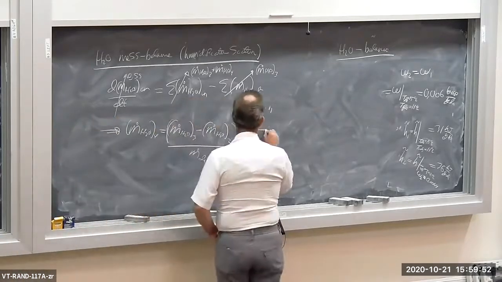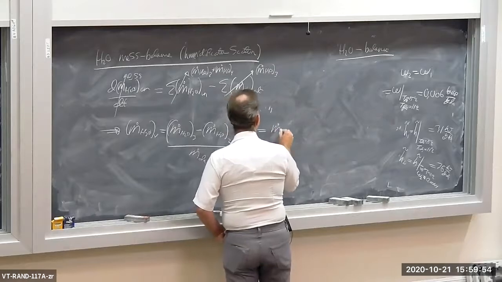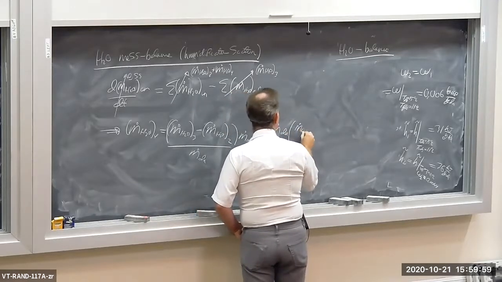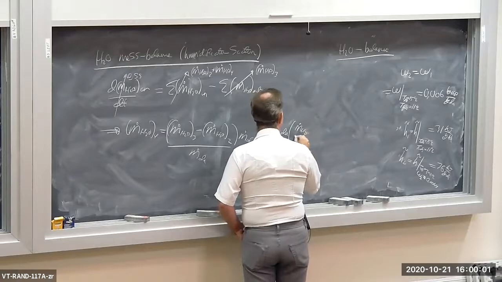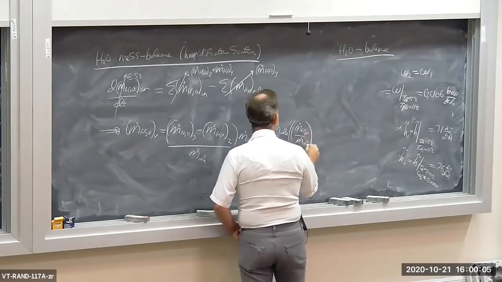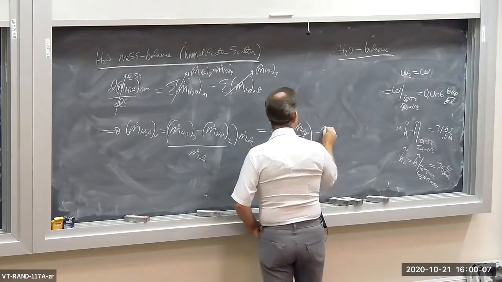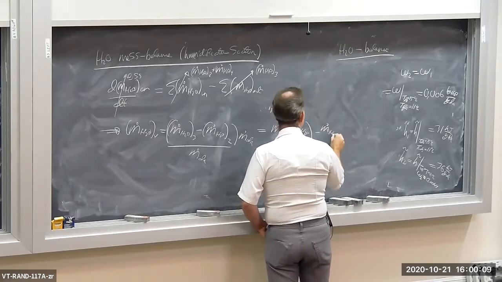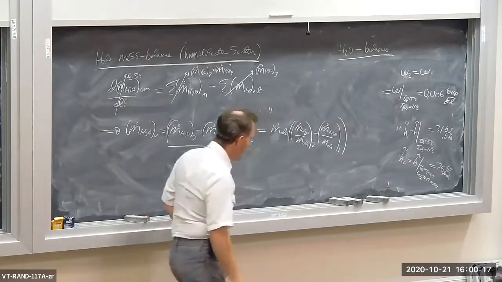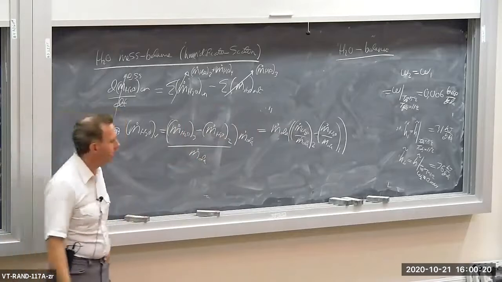So this becomes m dot dry air times m dot H2O divided by m dot dry air at location 3, minus m dot H2O divided by m dot dry air at location 2. Okay, because the mass flow rate for the dry air is the same everywhere.